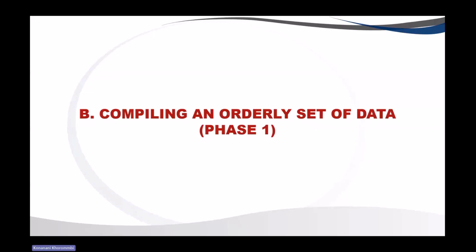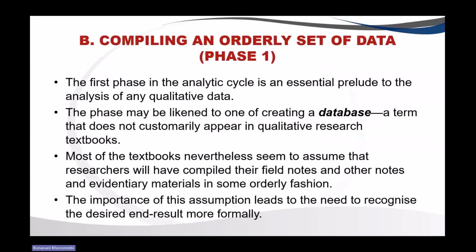Now, colleagues, the first phase in the analytic cycle, we said, is compiling things. They say it is an essential prelude to the analysis of any qualitative data. And what it means is you cannot analyze data if you don't compile it. And I want to also tell you that don't think that while you're compiling, you have excluded all the other phases that we've been speaking about.